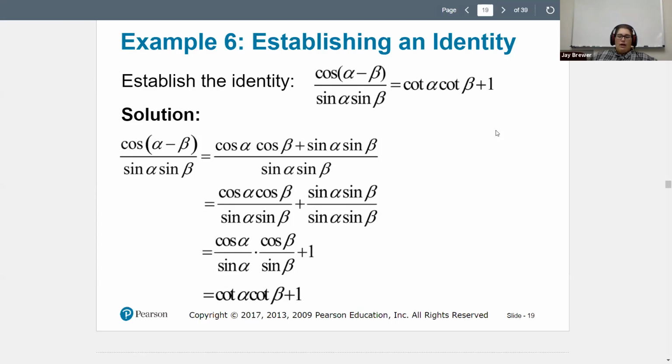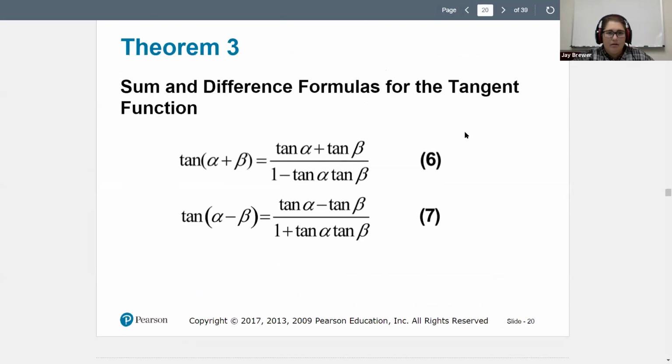Okay. As long as you work through the problems with the formulas, you should really be pretty fine. Okay. Go ahead and write out the sum and difference formula for the tangent function. What do you have to be careful of here?